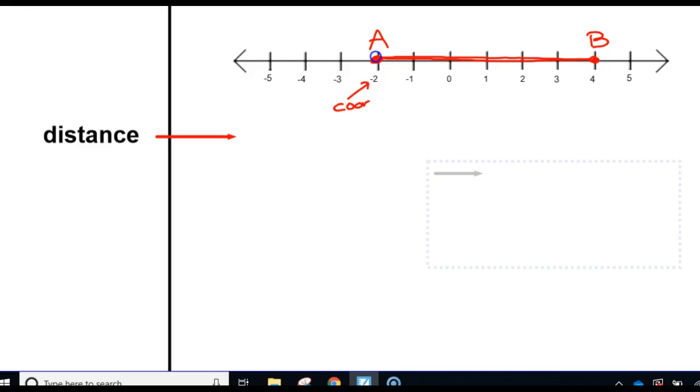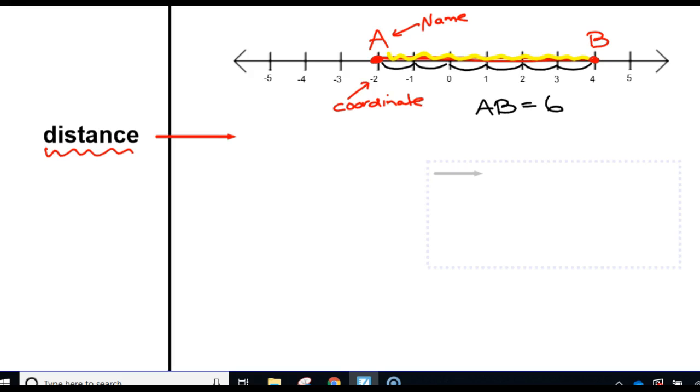Remember, coordinate, name, the distance is the space between those. That's this guy right here. So if we're going to count that, 1, 2, 3, 4, 5, 6. My distance is 6.